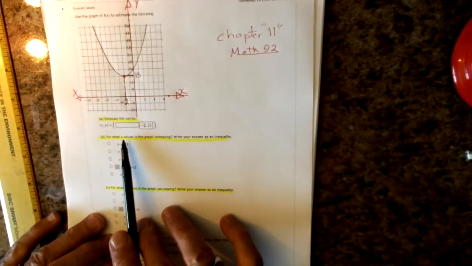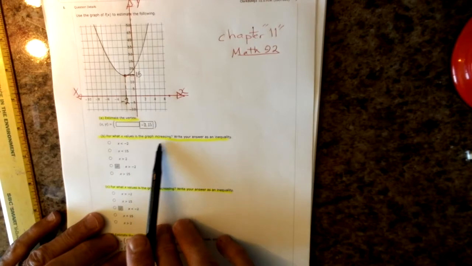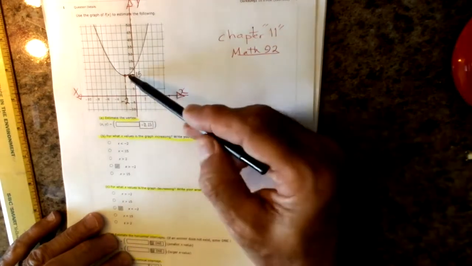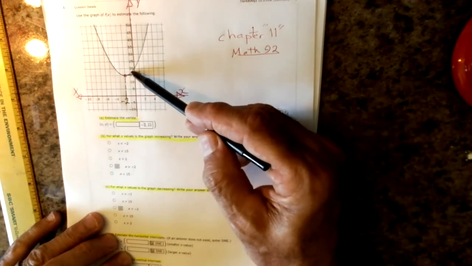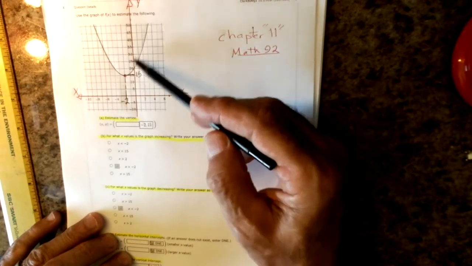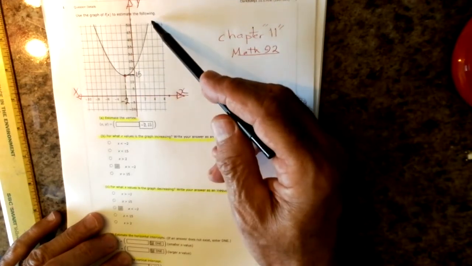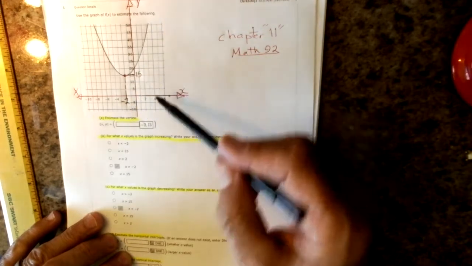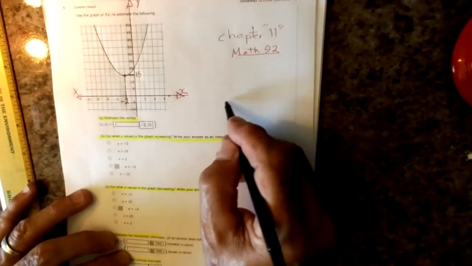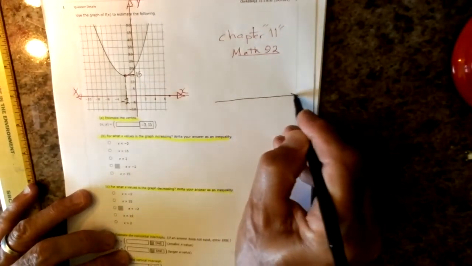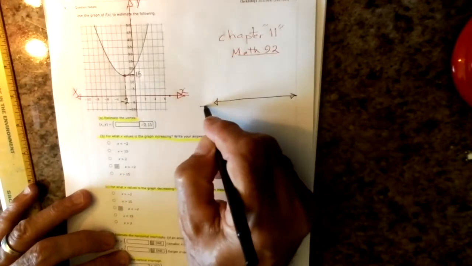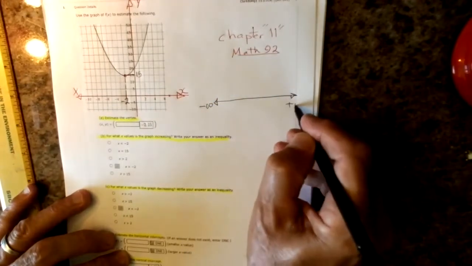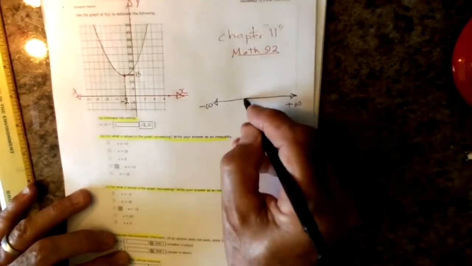Next question: for what values of x is the graph increasing? See, the graph is increasing in this direction here. As long as x is greater than -2, if you think of the number line, negative here and positive here, let's say -2 is here.